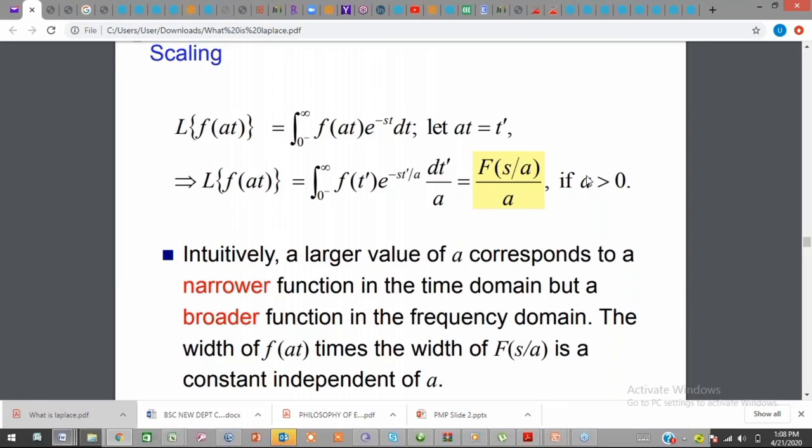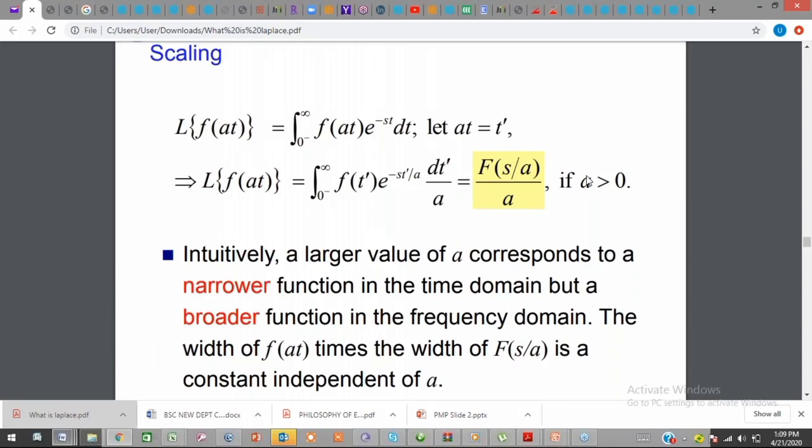Wherever we see at in the above formula, we fix t prime there. That is why if you check the second line of my page 27, where we are supposed to have at, it is not showing, because we are saying let at equals t prime, and every other thing remains the same except for multiplying by e raised to the power of x over a. Then the change in time, t prime all over a, will give us f of x all over a all over a, if a is greater than 0. So this is for the scaling.